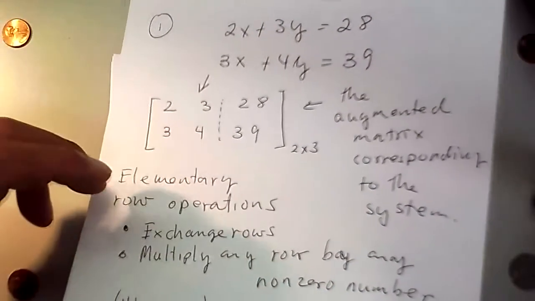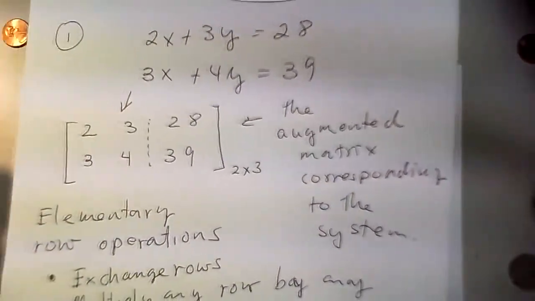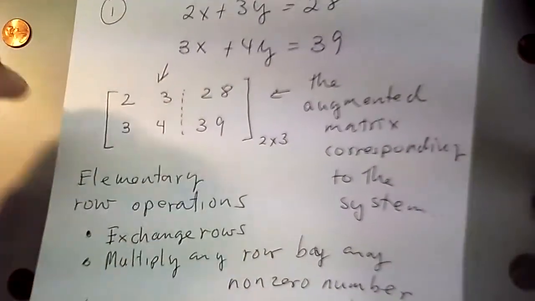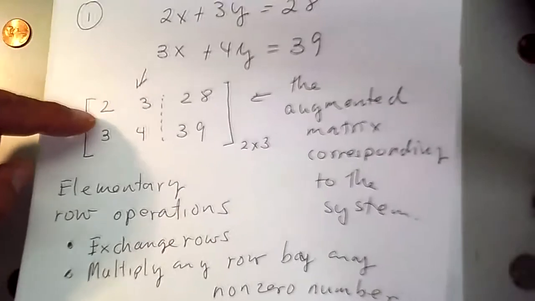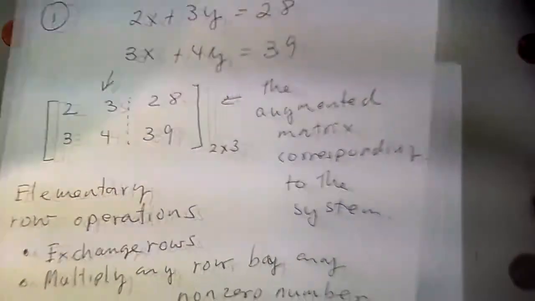Sometimes it is a good idea to show you the new things as we go through the example, rather than just show you the new things in the abstract. So we're going to operate this matrix. For what purpose? What is our goal? That's what I want to mention right now.